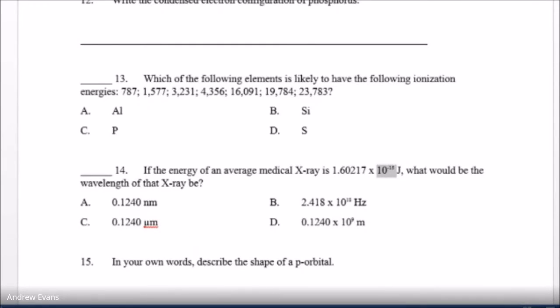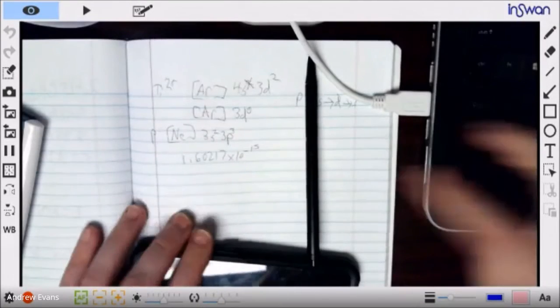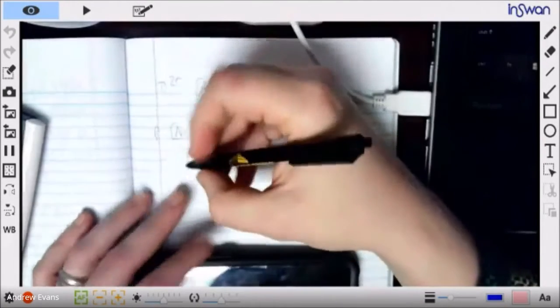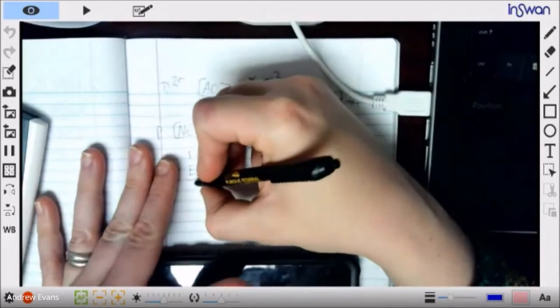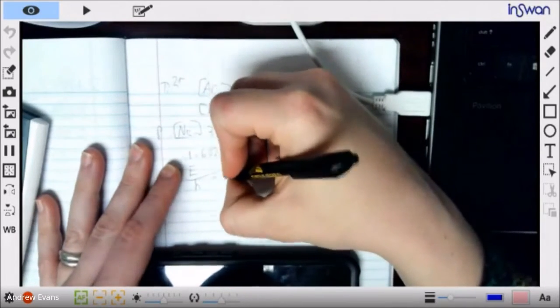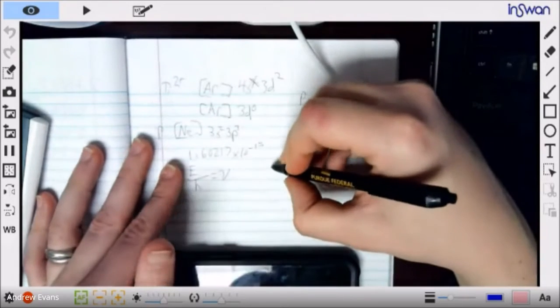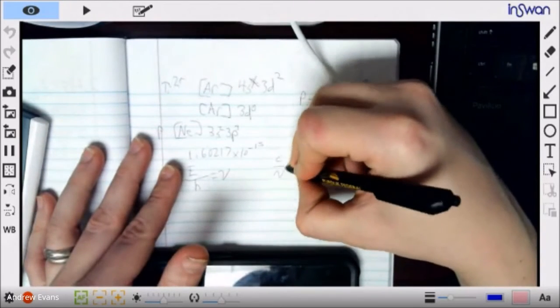So this one, we're asked to go backwards a bit. We're going from energy to frequency, frequency to wavelength. So C over lambda, frequency.